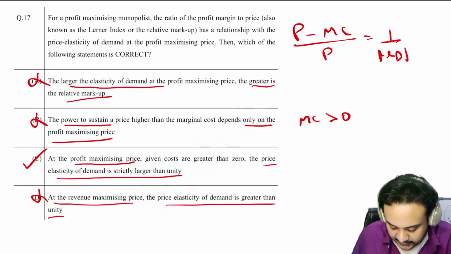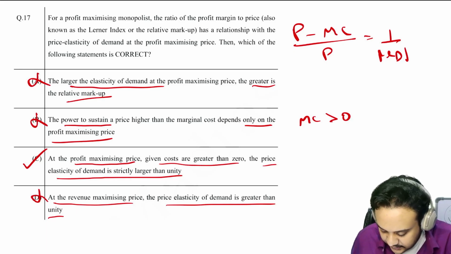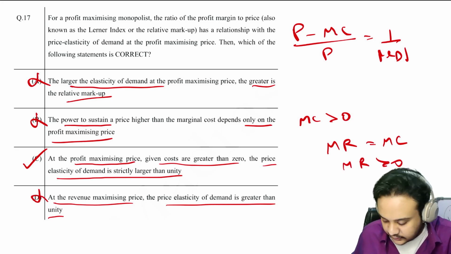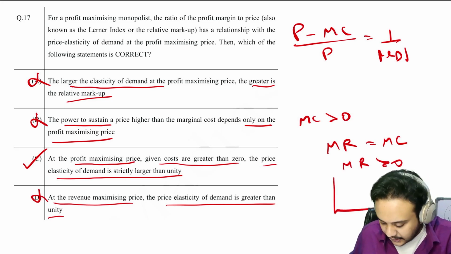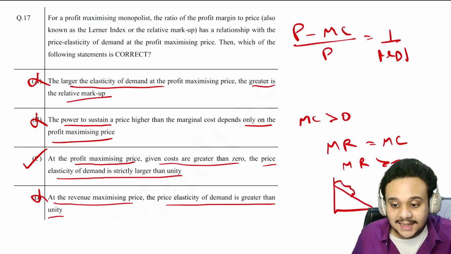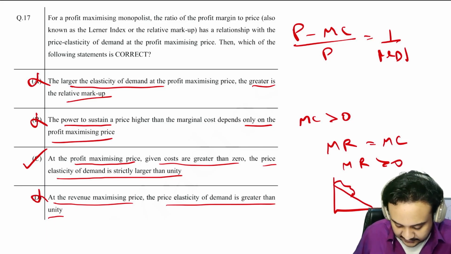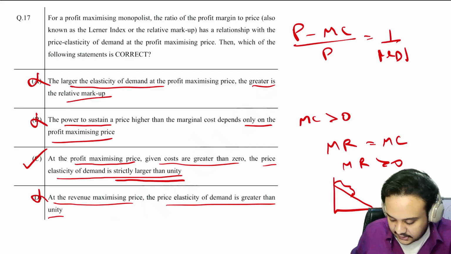Costs are greater than 0, which means that MR is equal to MC. So MR is also greater than 0. And at what part of the demand curve is MR greater than 0? It is on the elastic part of the demand curve. So that means price elasticity of demand is indeed strictly larger than unity.